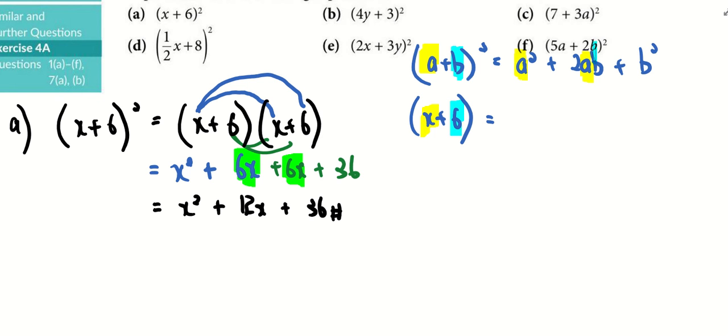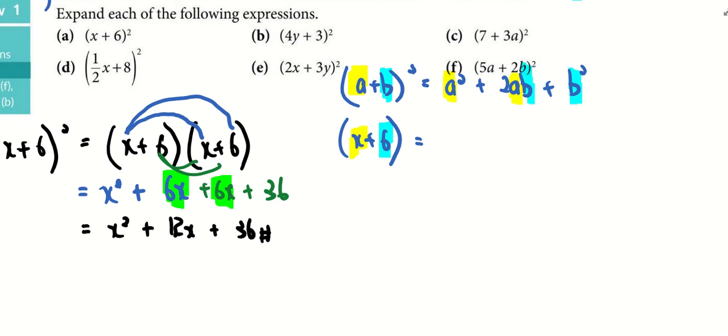So whatever you see that has B, it must become number 6. So I'm going to replace my A and B with X and 6 respectively. When I see A, I put X. When I see B, I must put what? When I see the letter B, I must put 6.